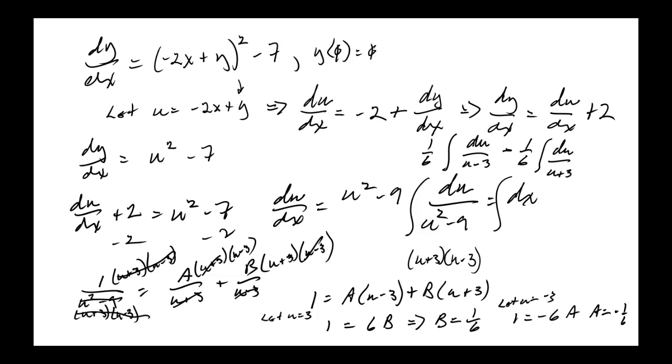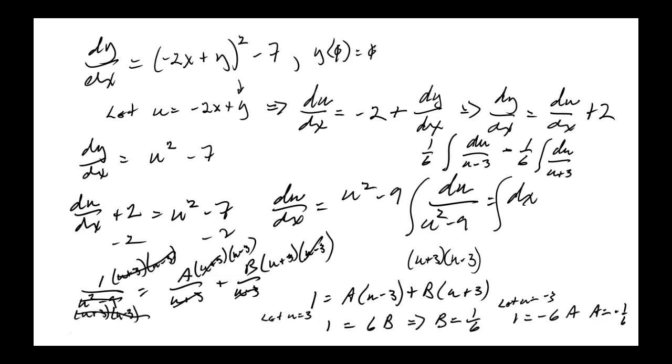If we wanted to get least common denominators, we multiply this by u minus 3 and that by u plus 3. 1/6 times u plus 3 minus 1/6 times u minus 3.